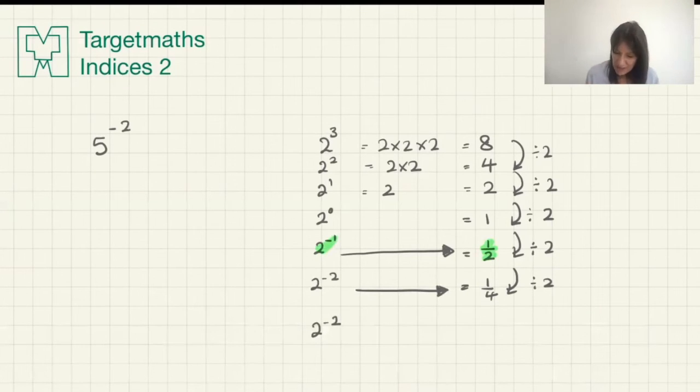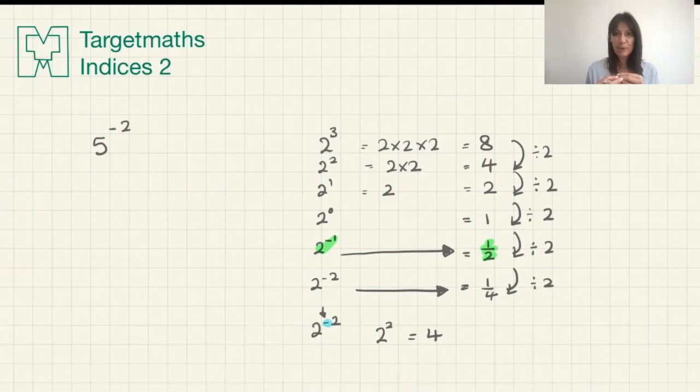If I just ignore this bit for a second and say it's 2 squared, that's going to give me 4. So I can see where that 4 is coming from, but why is it turning into a denominator? The negative in the question is actually telling me to perform something called a reciprocal.